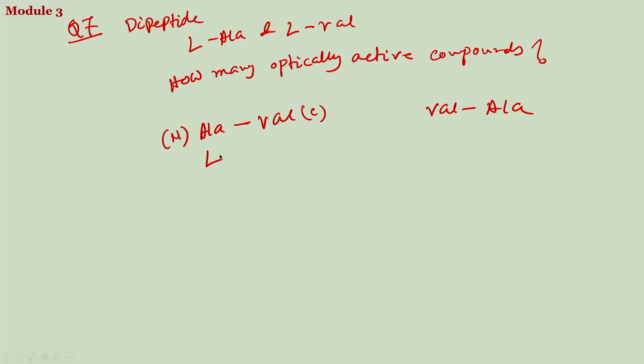The stereochemistry is locked, this can only be L, D is not possible because you have not used it, here also L, L. So, how many optical compounds in total? There will be only 2 compounds, or 2 dipeptides, both optically active.